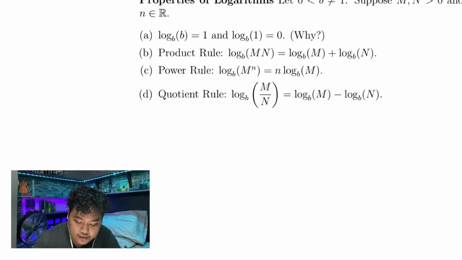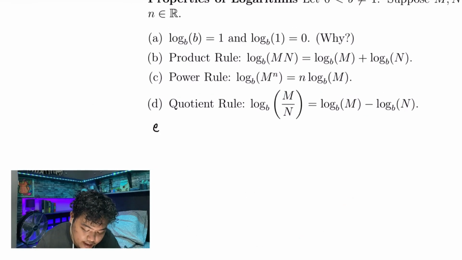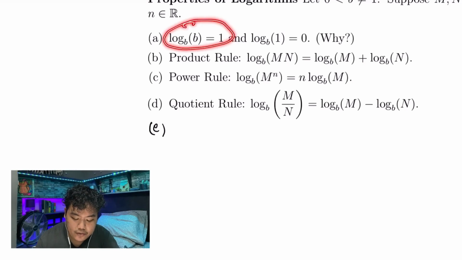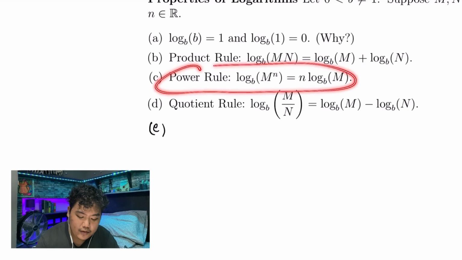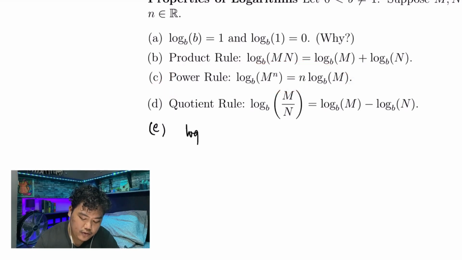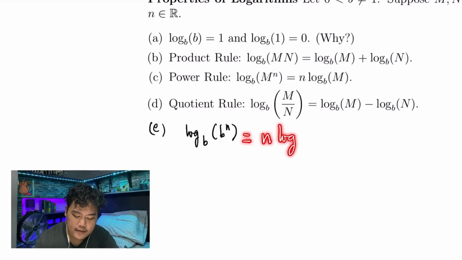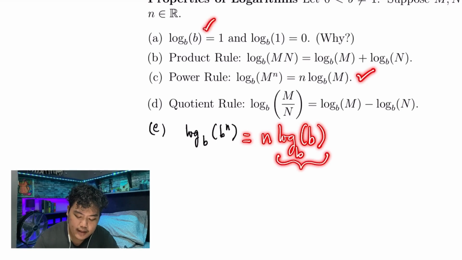And I introduced a property in class that is useful. It comes from this property and this property. So, the log base b of b to the n. You can write it so that the n drops down, as that property says. But this one, property A says, is just 1. So it becomes n times 1, equal to n.